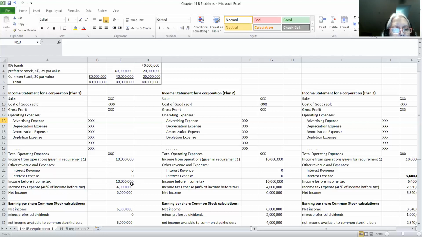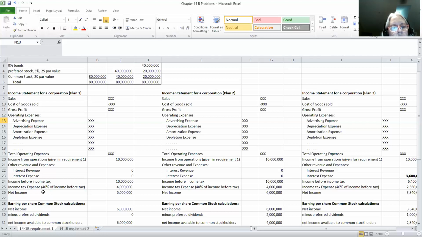In a corporation, you may remember from last chapter that corporations have to pay federal income taxes and they have to pay state income taxes. And it's based on the amount of net income that they have available to pay those taxes. In this problem, they give you an income tax rate of 40%. That's going to be your income tax.